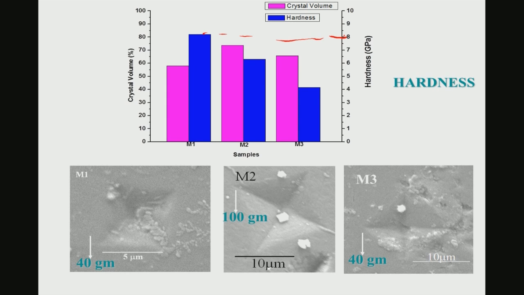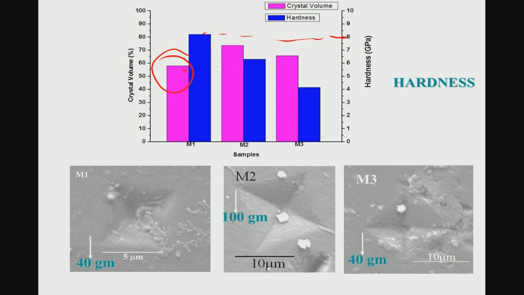Compared to fully hardened steel, this glass ceramic has almost equal or identical hardness of 8 gigapascal, which is extremely hard, and this extremely high hardness can be attributed to the specific crystal morphology that I described a few minutes back, the envelope-like crystal. That characteristic morphology helps achieve hardness values this high, more than 7 gigapascal. And what is the crystal volume fraction? It is up to 60% volume fraction of the crystal, which is also a very large number.